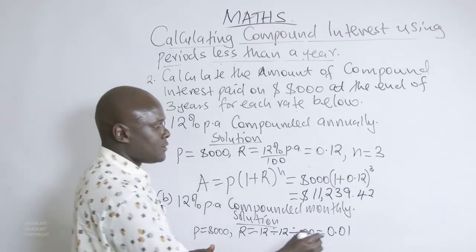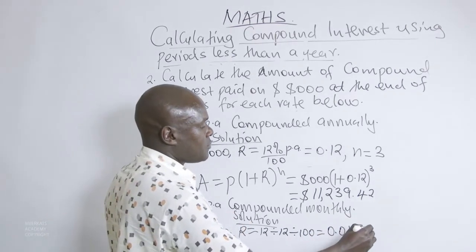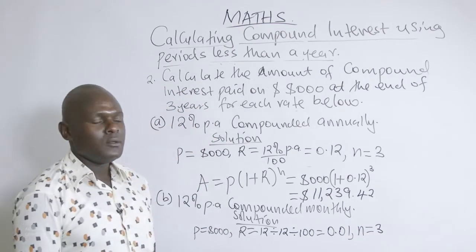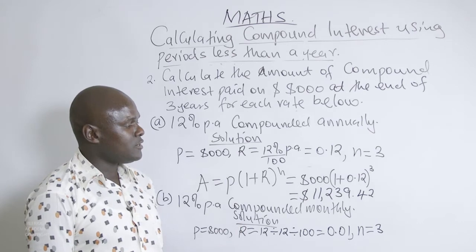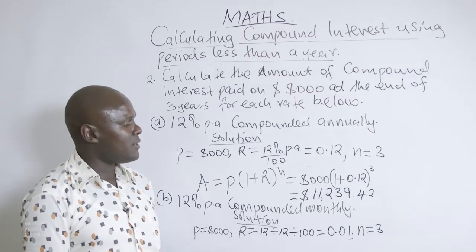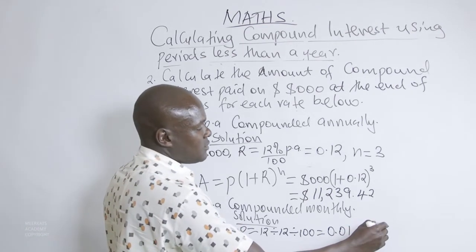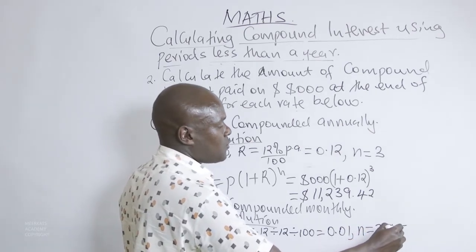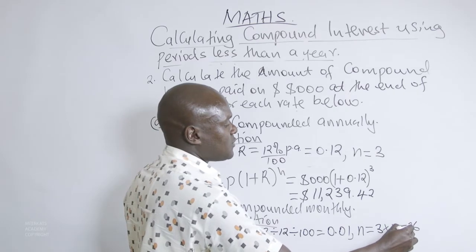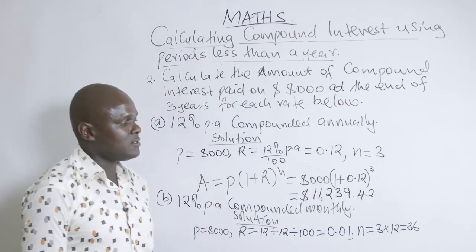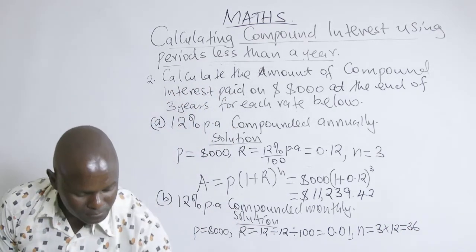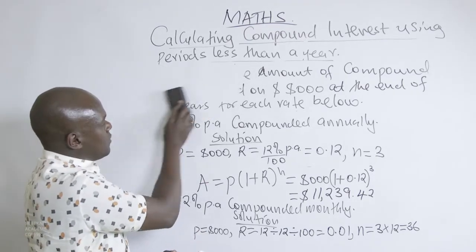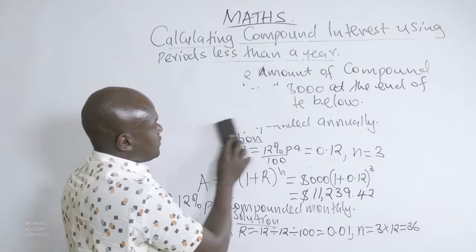What else have we been provided with? We need to look at the periods. We have 3 years, and since the compound interest is going to be compounded monthly, we need to know how many months we will have in 3 years. This is times 12, giving us 36 periods.